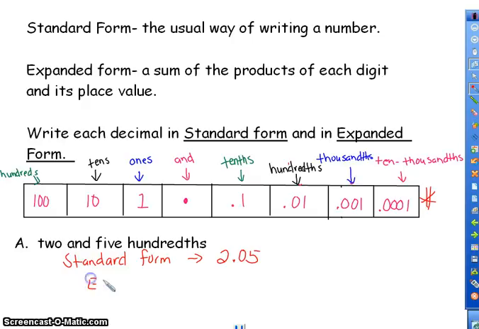In expanded form, it takes a little bit more work. You're taking each place value and you're multiplying it by each numerical representation, and then you're adding each one together.